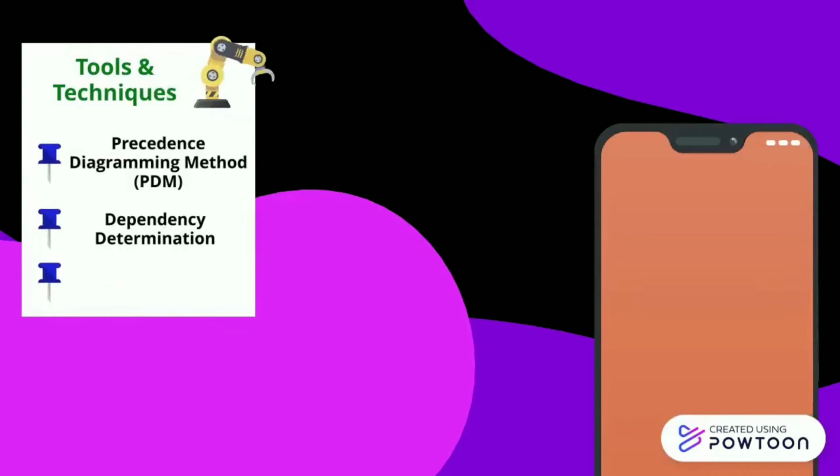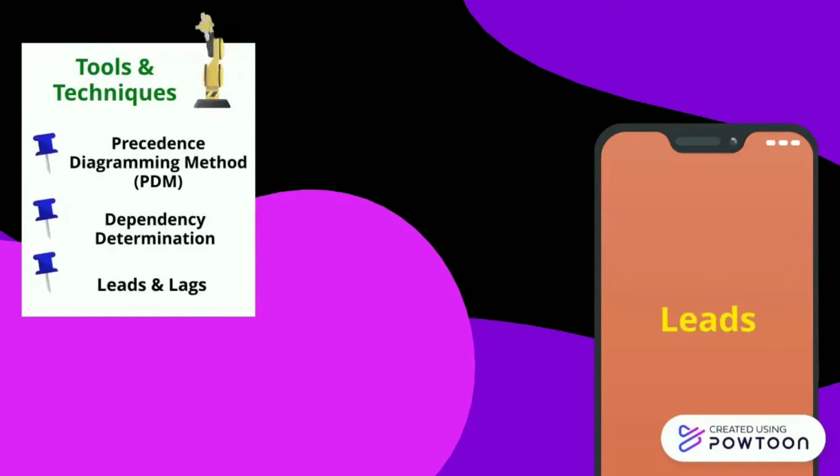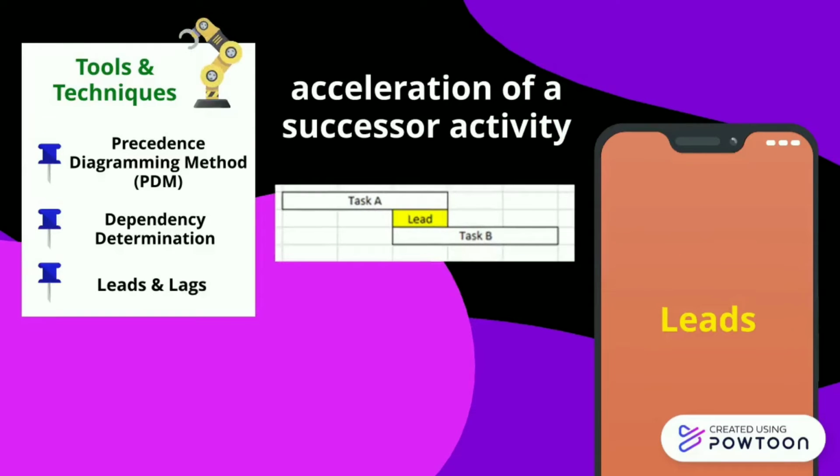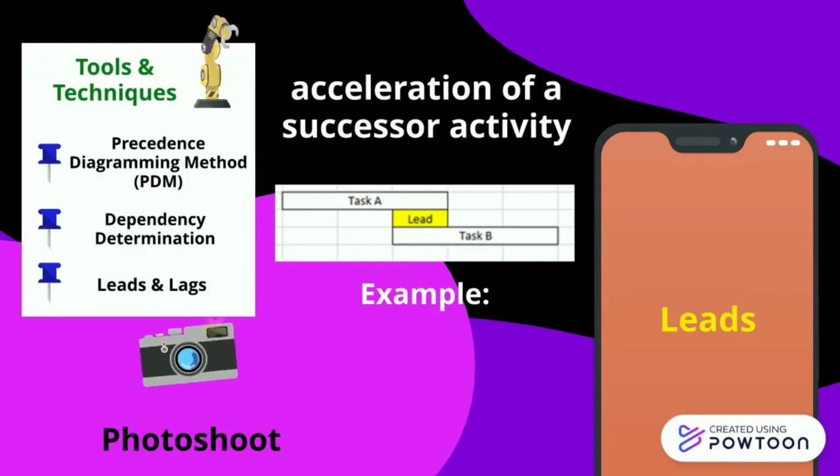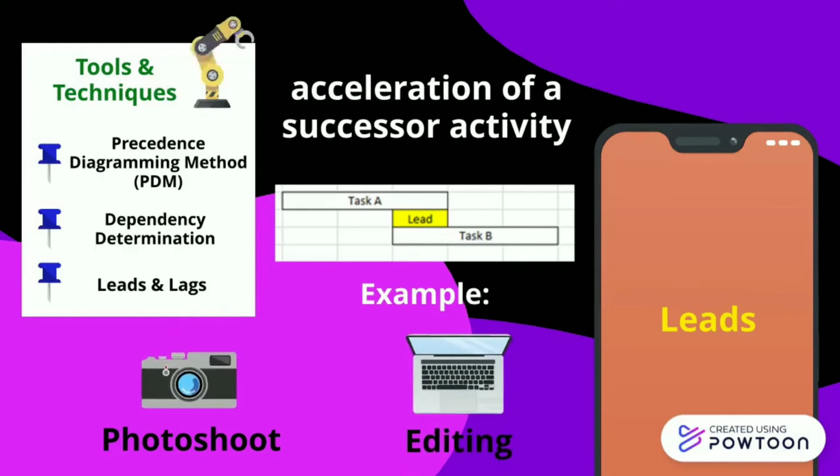Moving on to the last part of tools and techniques, which is the leads and lags. So first, let's talk about leads. Lead is the acceleration of a successor activity. In other words, the second activity can begin and be conducted in parallel to the first activity. For example, if the photo shoot is going to take 3 days and editing another 3 days, you can begin editing after the first day of the shoot.